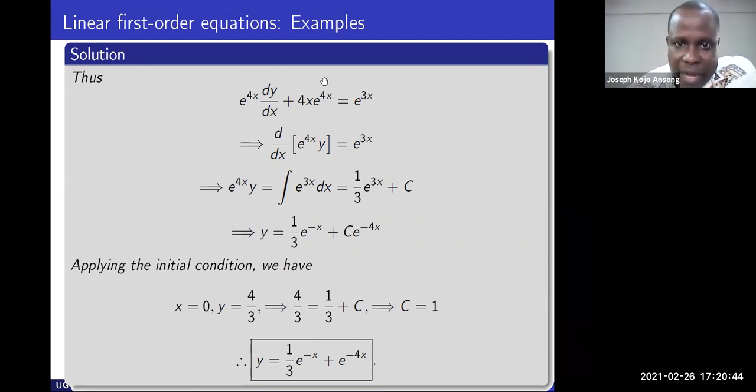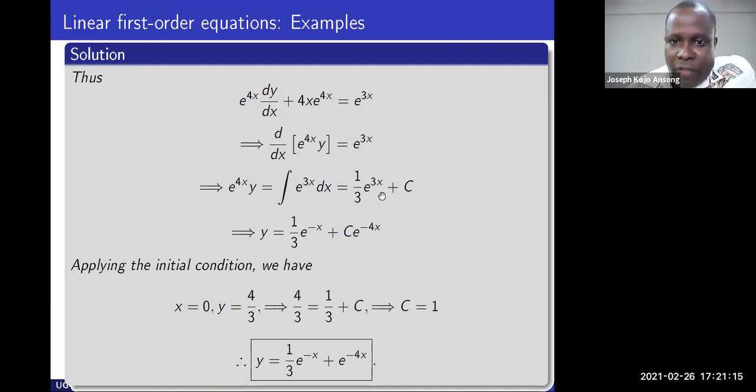The left-hand side should be d dx of your integrating factor multiplied by your y, your dependent variable, so that if you expand this, you should get this. If you expand this and you don't get that, of course, it means you did something wrong in computing the integrating factor. Good. Now that we have this, we just integrate both sides, and then this goes. So I have e to the 4x times y equal to the integral of this.